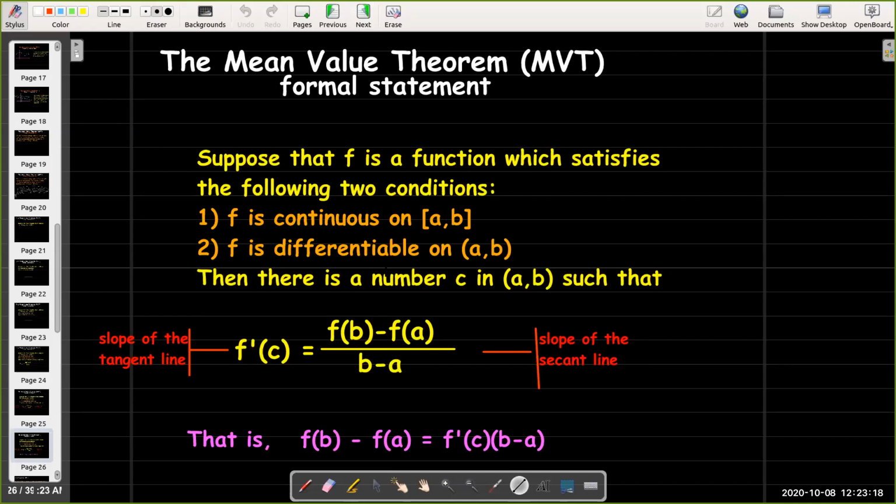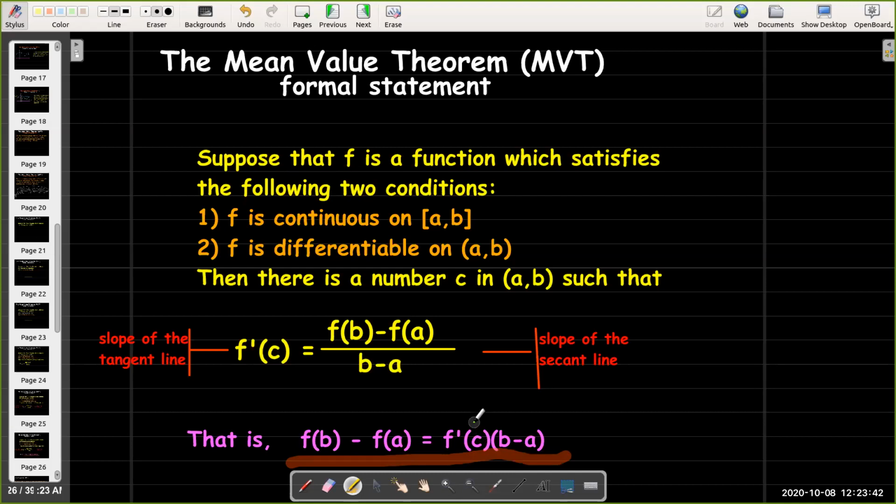And I can rewrite that as f of b minus f of a equals f prime of c times the quantity b minus a. And so if I think about it in this final way, then there's some natural results.